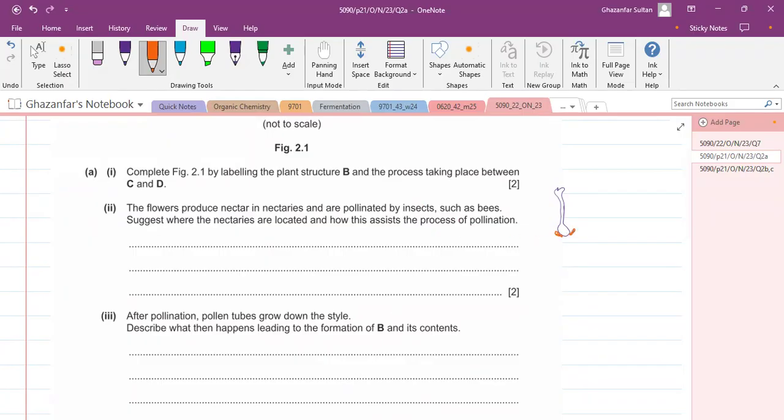So you can write multiple answers that the position of the nectar is at the base of the flower.